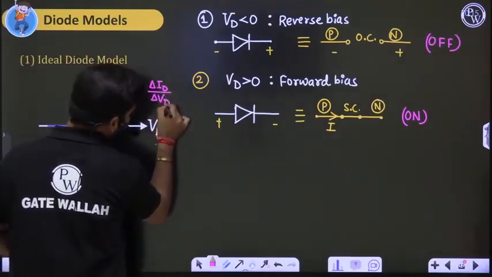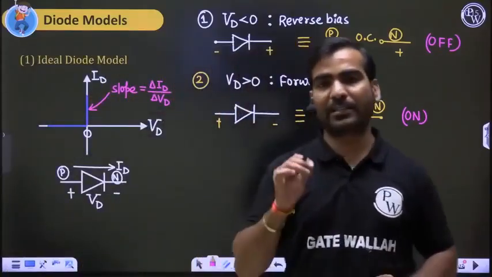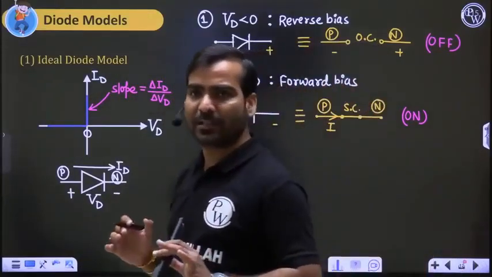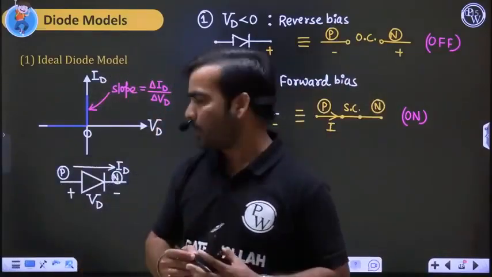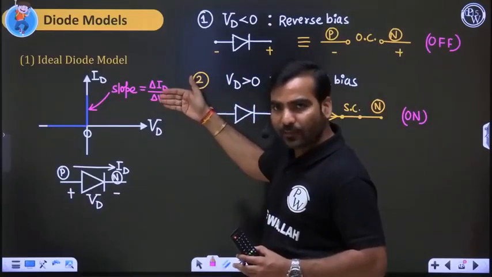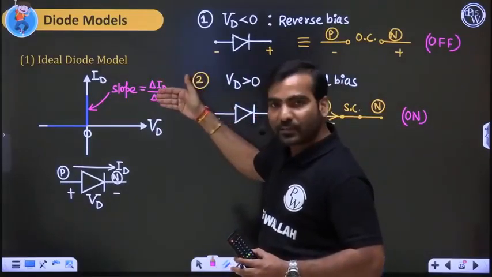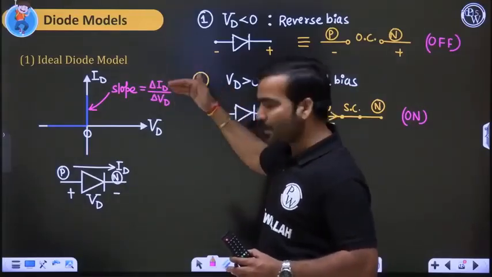This is the slope. Now tell me, my friends, what is the meaning of resistance? What is the basic definition of resistance in any subject? Voltage upon current. What is written over here? Current upon voltage. If I reverse it, what will you get? Voltage upon current.